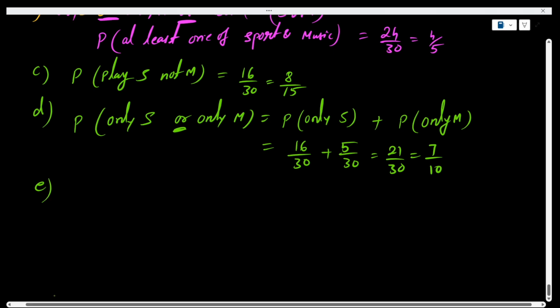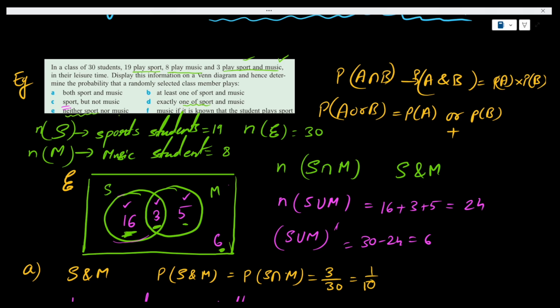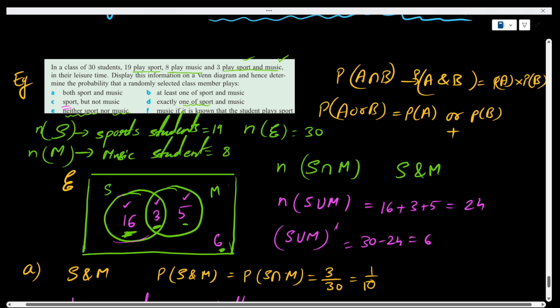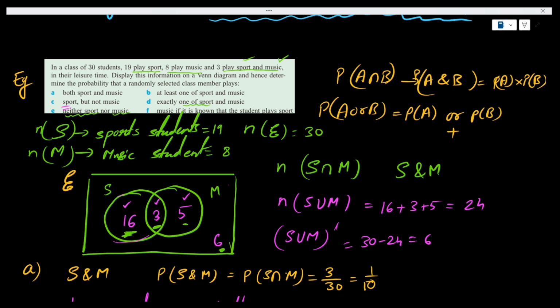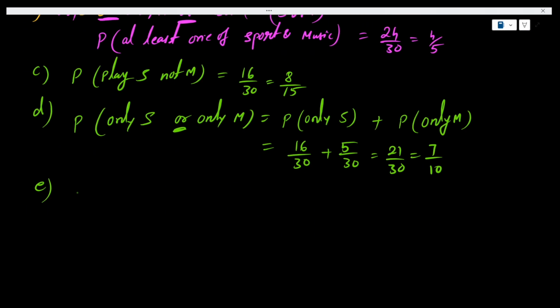Now what is the next probability? If you do one question like this, you will get all different types of questions here. Now it's written neither sports nor music. That means the student is not part of both the events, right? He doesn't play sport, he doesn't play music. So there are 6 students who are not part of either of these two events. So here what is going to be this? S union M complement.